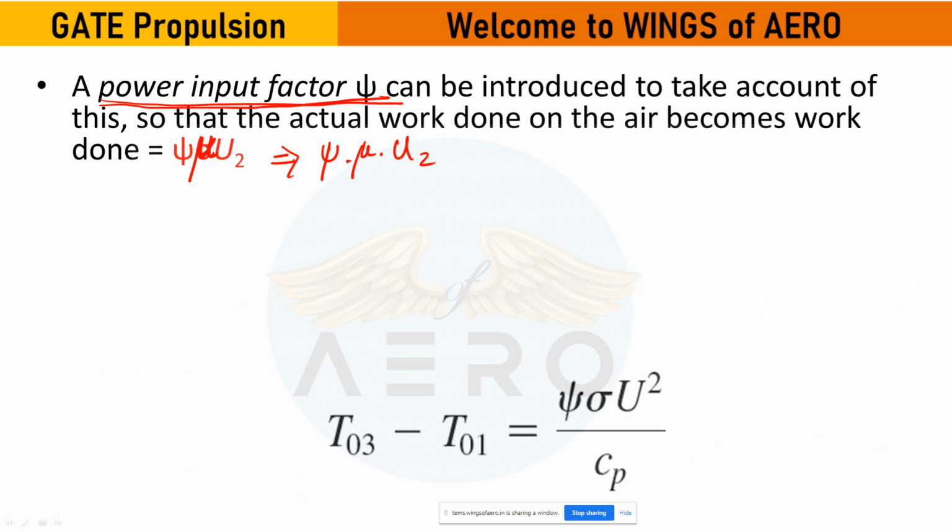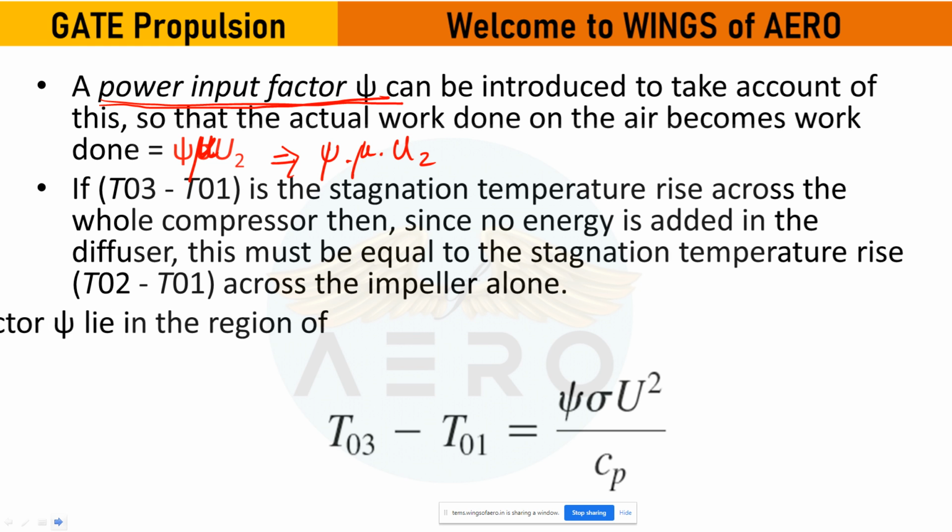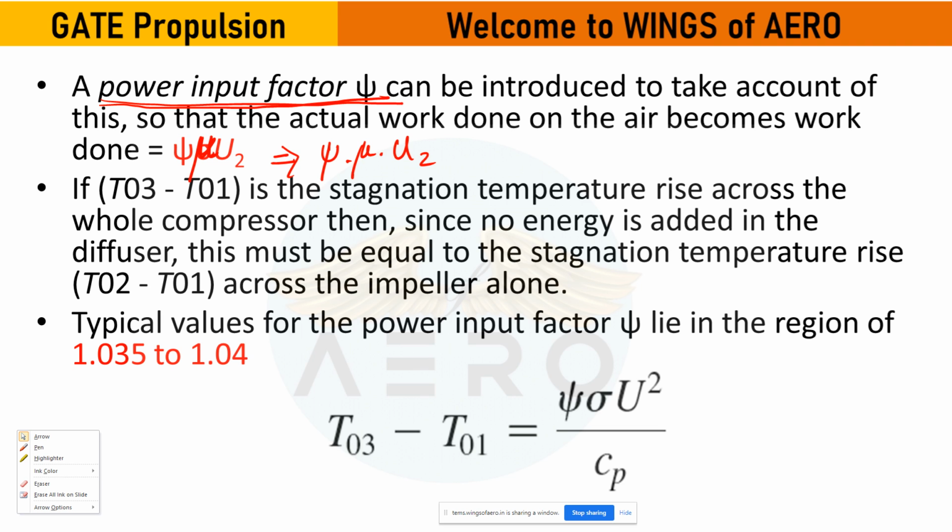If the power input factor is added, we will have psi into mu into U2. Finally, remember this power input factor lies between 1.035 and 1.04. In case the power input factor is not given, you can directly consider it as 1.